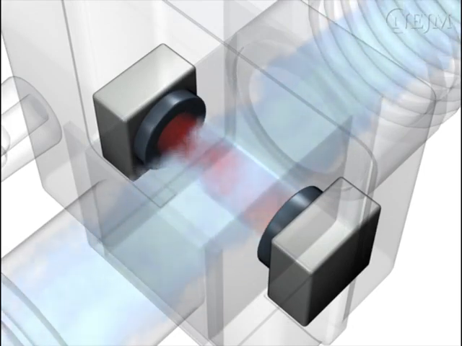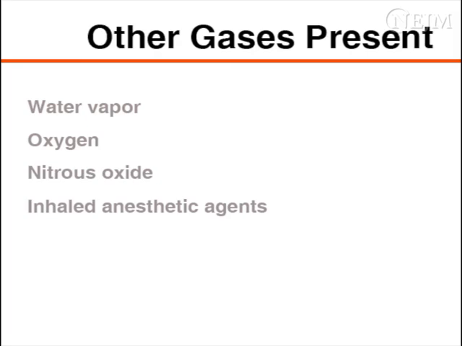As the concentration of carbon dioxide increases, the intensity of the light that reaches the detector decreases. Carbon dioxide gas strongly absorbs infrared light with a wavelength of 4.3 microns. At this wavelength, there is minimal interference from other gases that may also be present, such as water vapor, oxygen, nitrous oxide, and inhaled anesthetic agents.